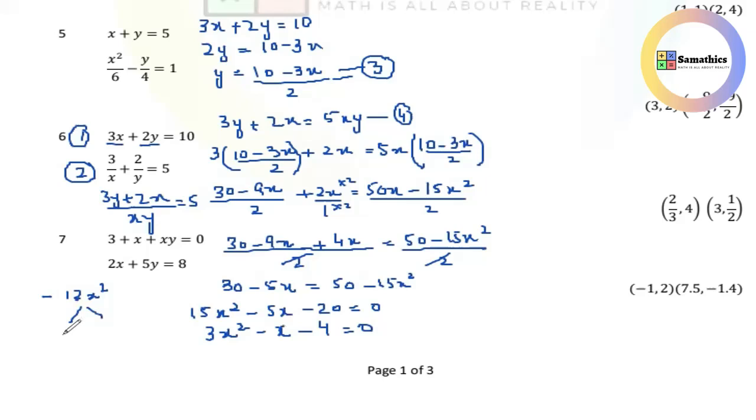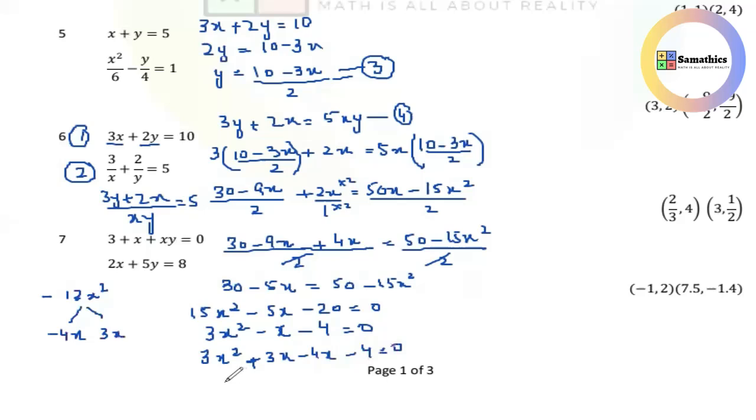And if you make the factors, it will be minus 4x and 3x, because here the middle term is minus x. So we can write here 3x squared minus 4x plus 3x. If we write plus 3x first, it will be easy to solve: 3x squared plus 3x minus 4x minus 4.